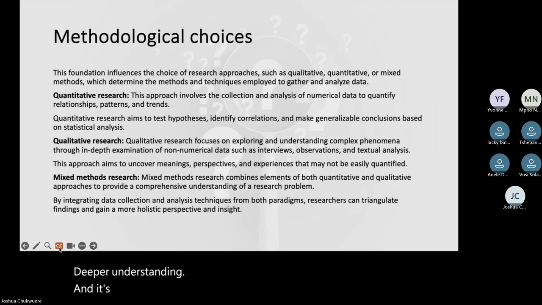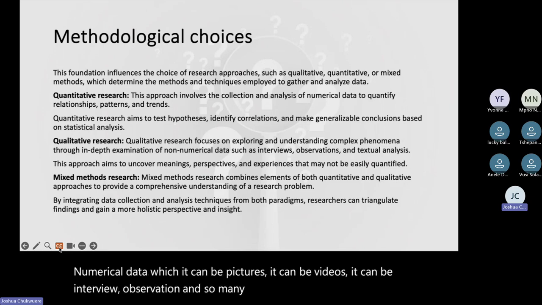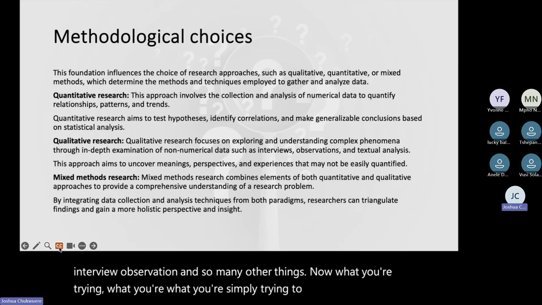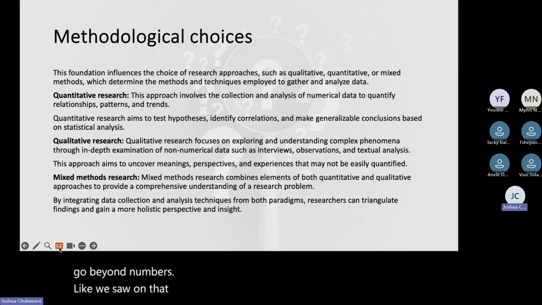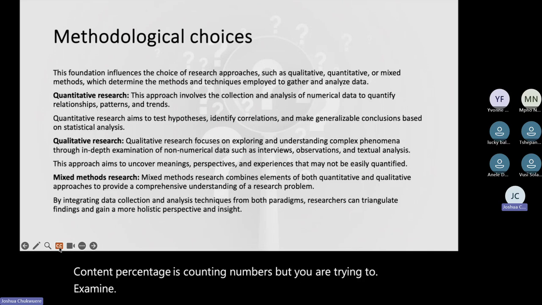Non-numerical data, which can be pictures, videos, interviews, observation, and so many other things. What you're simply trying to do is go beyond numbers, like we saw under quantitative, counting percentages, counting numbers, but you are trying to examine your data deeper than numbers.